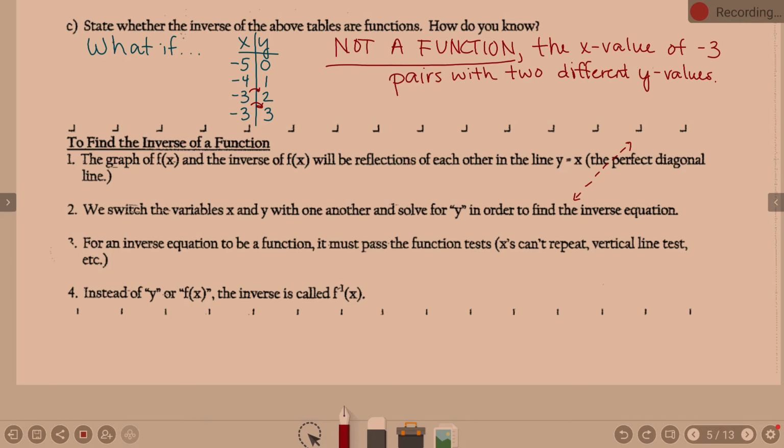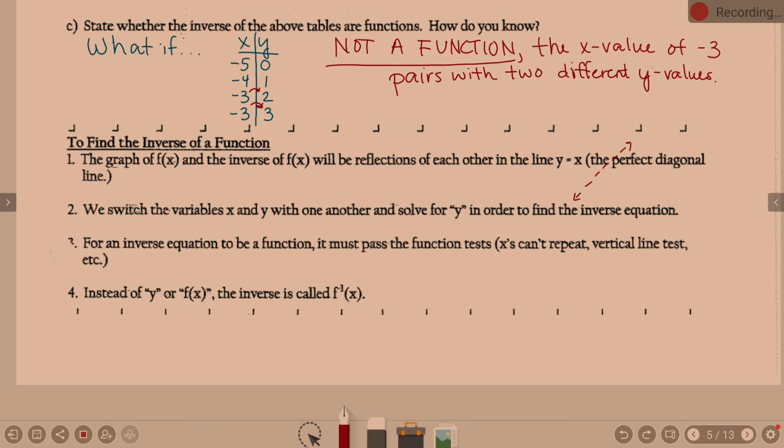That's the idea of the perfect diagonal line. So if a function and its inverse are truly a function and its inverse, they do reflect over there. Okay, so that's good to know.